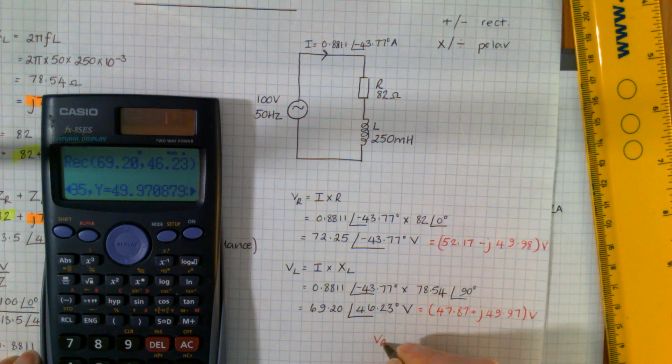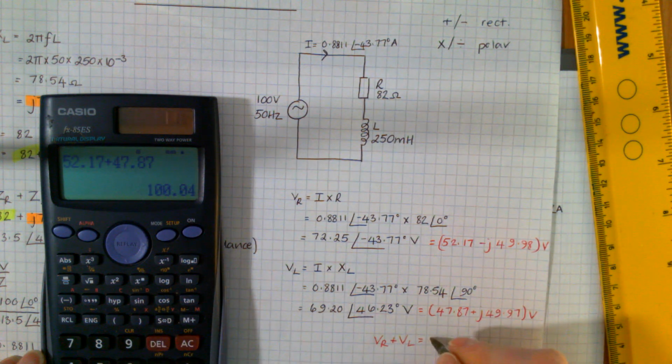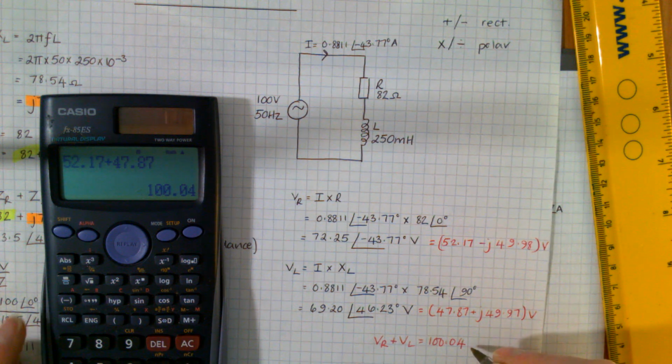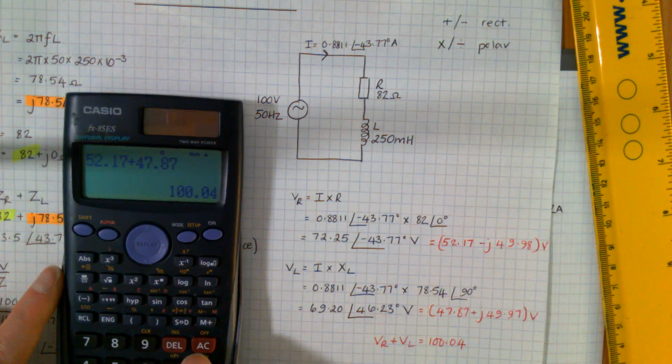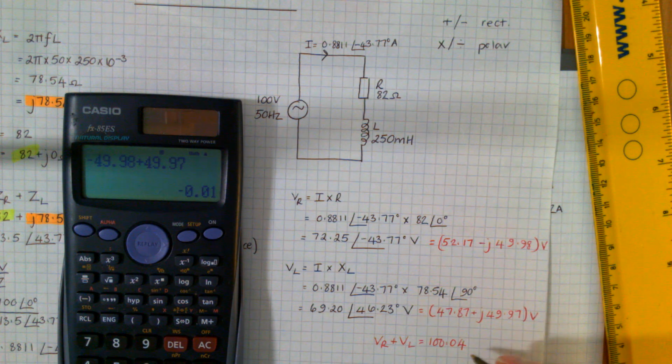So if you add your VR and your VL with these rectangular numbers, add the real parts. I've just converted these into rectangular form.